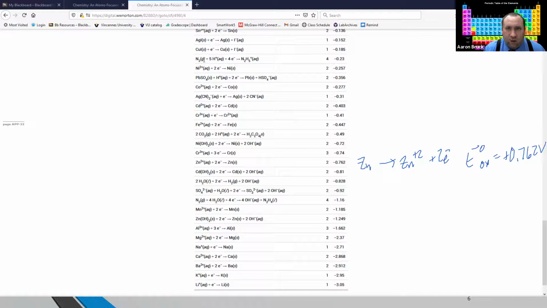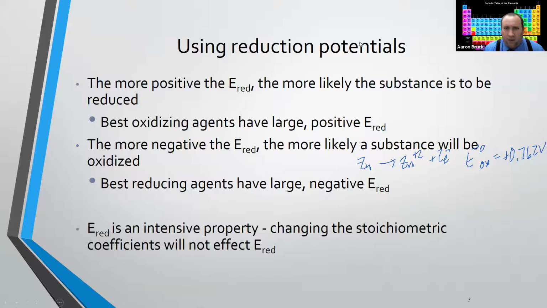So what good is this information? What can we do with it? Well, as we were looking through the tables, the more positive the value of the reduction potential, the more likely it would be to be reduced. The best oxidizing agents out there have large positive reduction potentials.